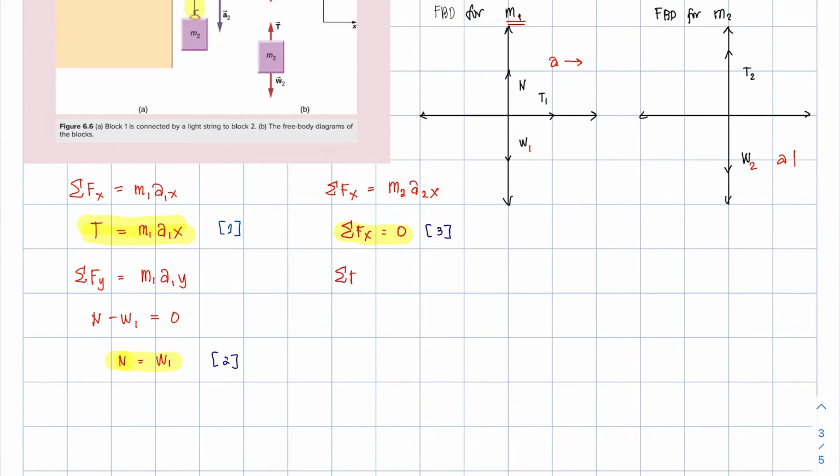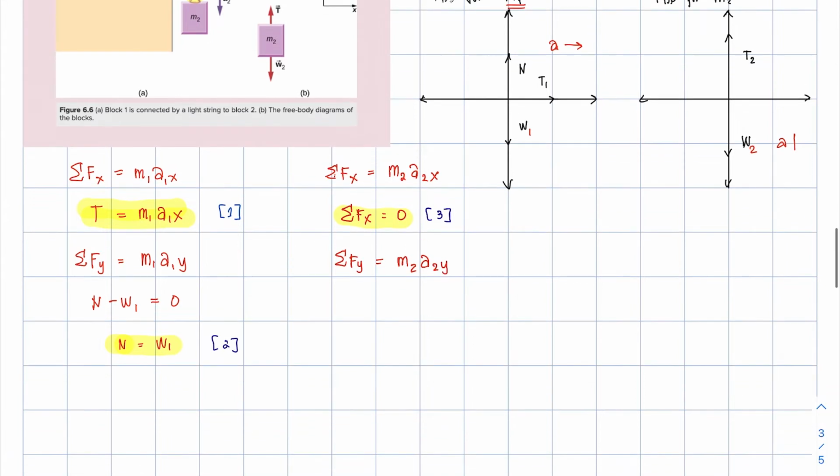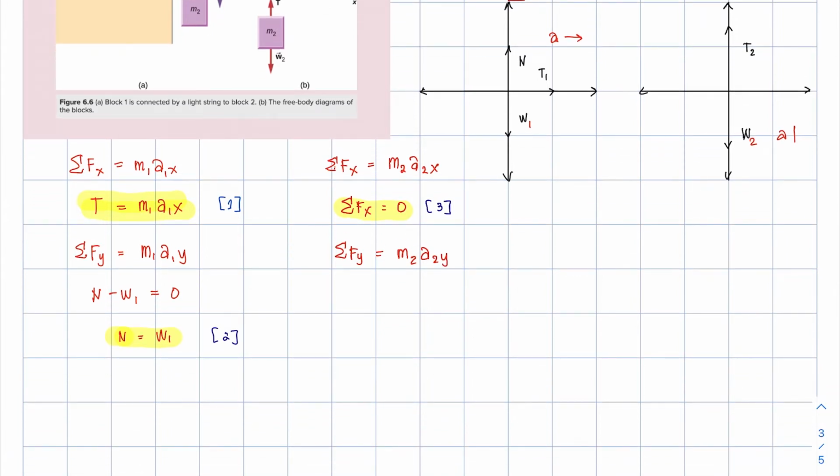So the sum of the forces along the y is equal to, of course, since we are in mass 2, mass sub 2, acceleration of 2 on y. And we know from the free body diagram that we have tension 2 directed upwards, so positive, minus weight sub 2. And then that will be equal to mass sub 2 and the acceleration of 2 along y.